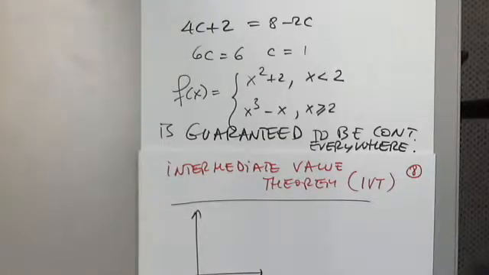This theorem will come into play because it will help us find the interval. This theorem will not solve an equation for us, but it will give us an interval, normally of 1 unit length, not between 0 and 10, but between 1 and 2, or 2 and 3, or 3 and 4.